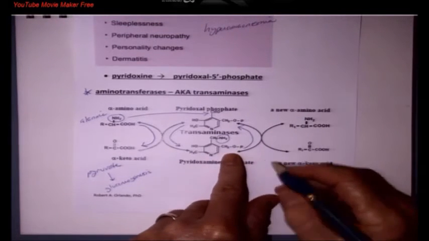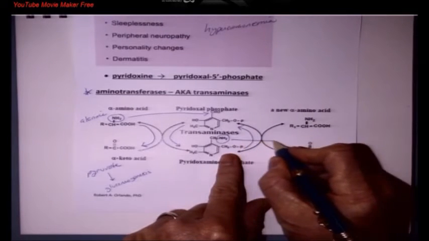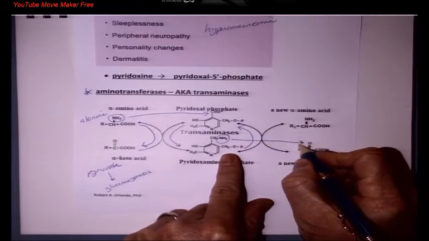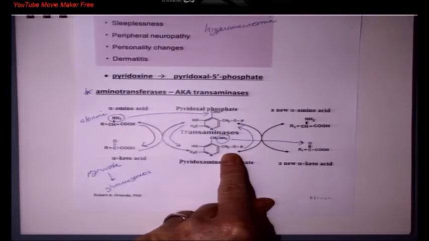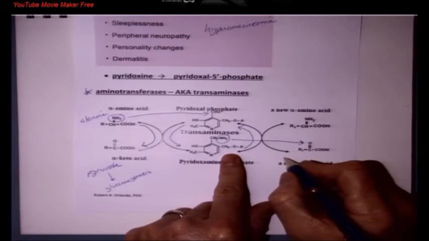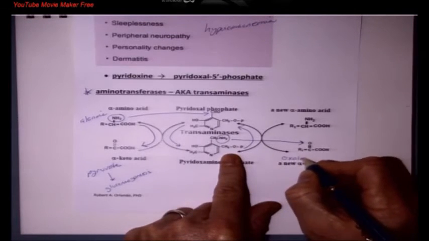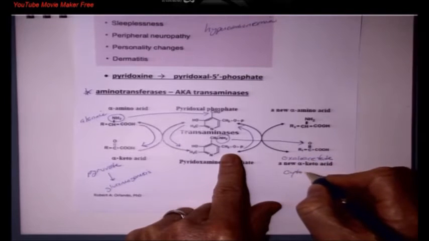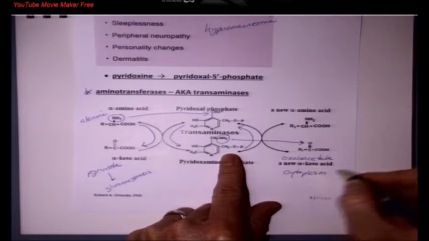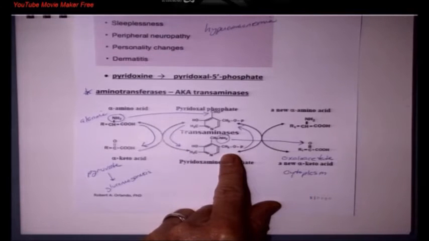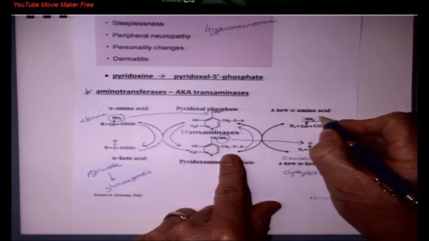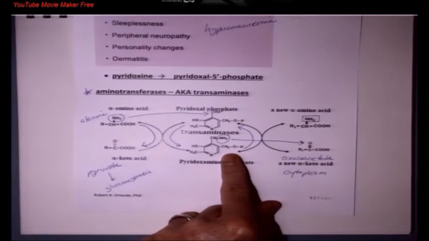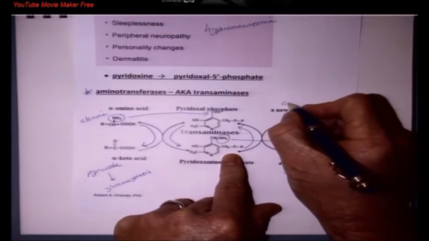So what we're going to do now is take this nitrogen and put it onto this alpha keto acid, which is oxaloacetate. And this is all occurring in the cytoplasm. And here's our nitrogen to form which amino acid? Aspartate.